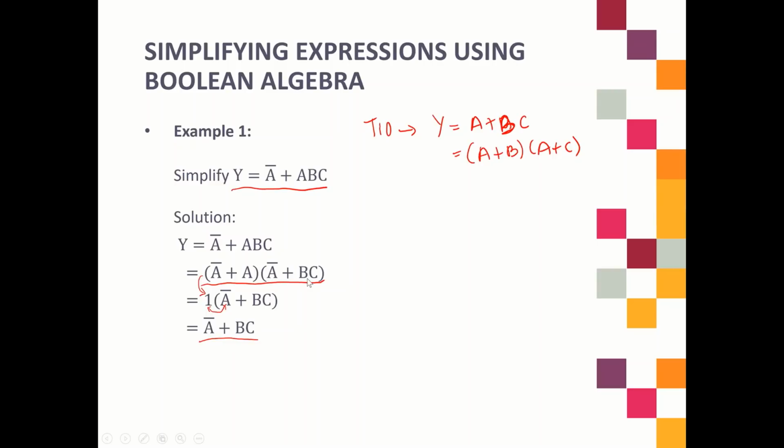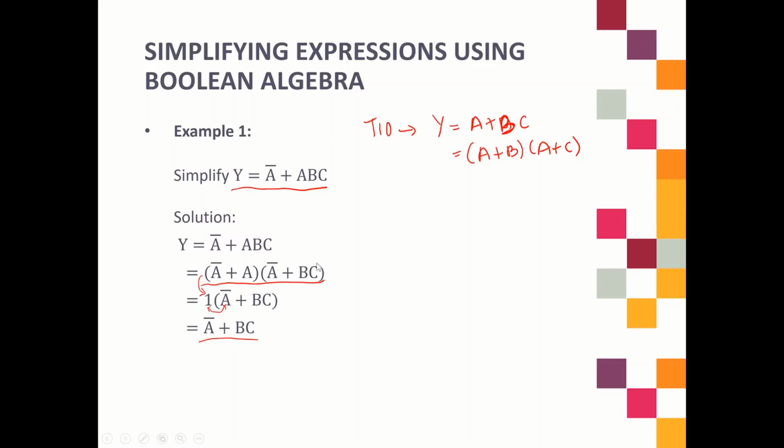That is another step. But in this case, you don't have to expand this term, because our objective here is to simplify the expression. Would expanding these terms simplify your expression? No, right? So that's why you just apply theorem 10 once, just expand between A bar plus A and A bar plus BC.